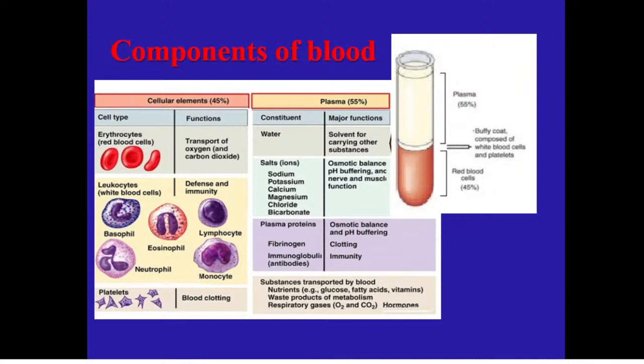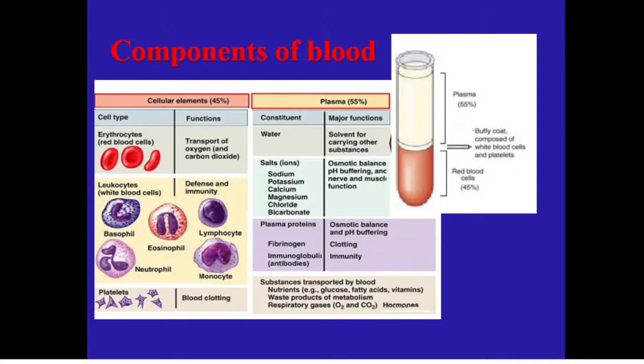Cellular elements are nearly 45% of the volume of blood, and they are represented by red blood cells, the main function of which is the transport of oxygen and a little bit of carbon dioxide. Leukocytes, whose function is defense and our immunity.